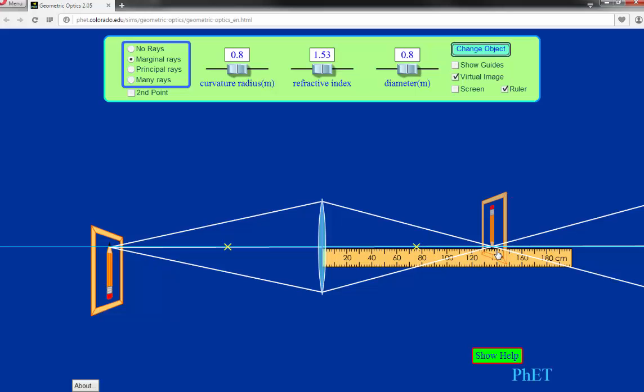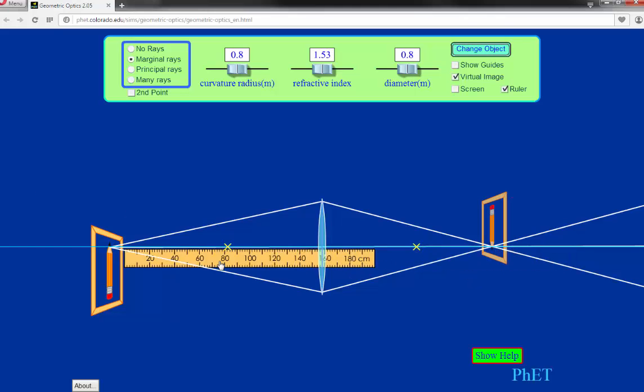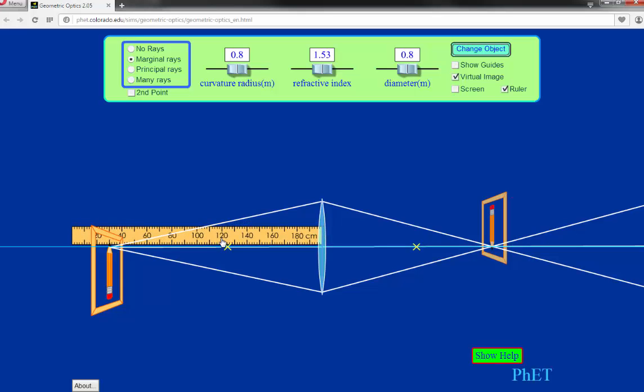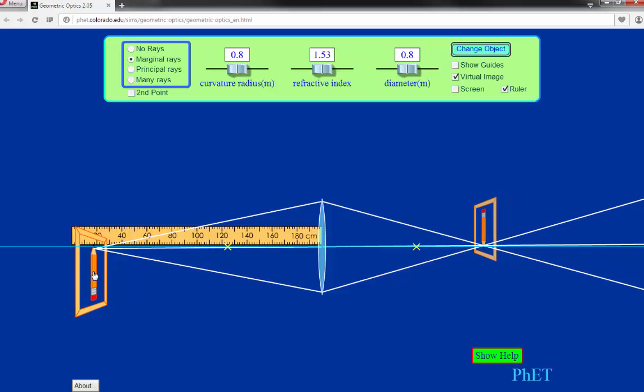This was 140, so this is 138, about 136 centimeters. Okay, now we move the meter stick back over here. It'd be kind of helpful if I could have 2 meter sticks so I didn't have to move it back and forth every time.